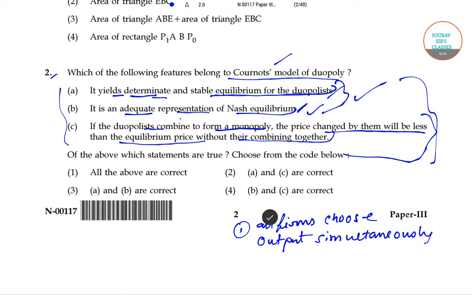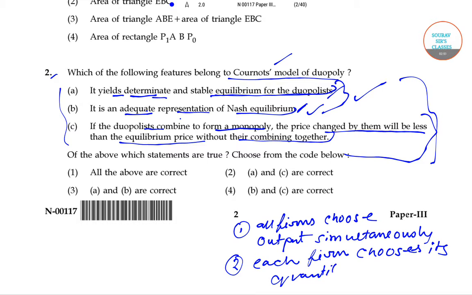The basic Cournot assumption is that each firm chooses its quantity assuming that the quantity of other firms is given, and finally the resulting equilibrium is a Nash equilibrium, which is called a Cournot equilibrium.